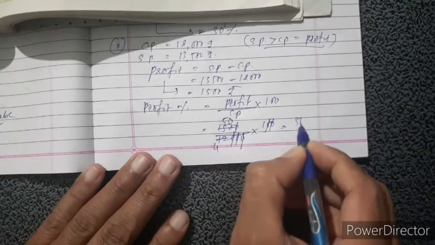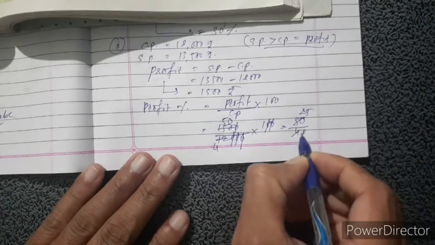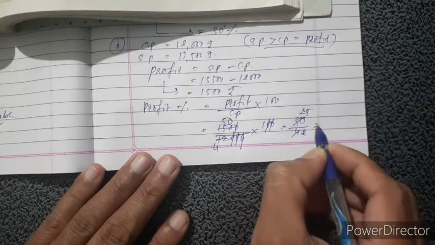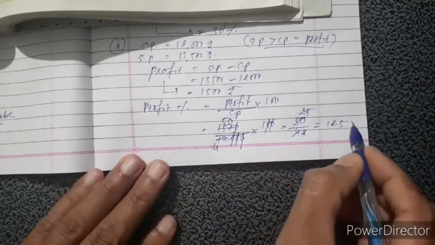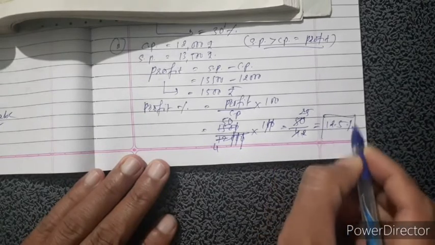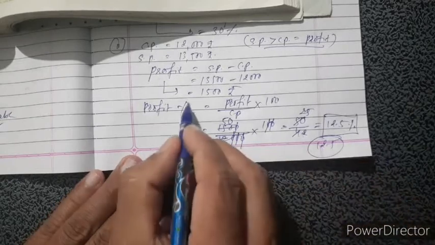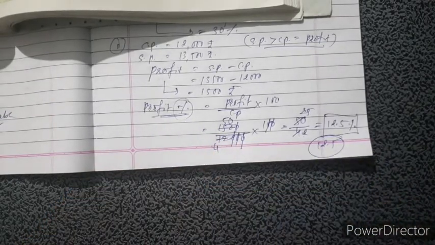Okay, so here 50 upon 4, again we cut, 25 upon 2, that is 12.5. Okay, so profit percentage is 12.5, means you just write down 12.5 here, because the percentage sign is here.